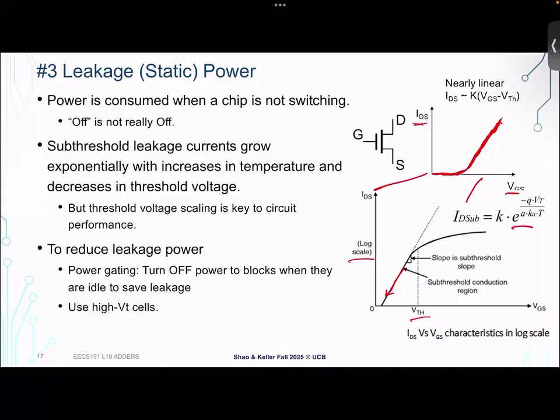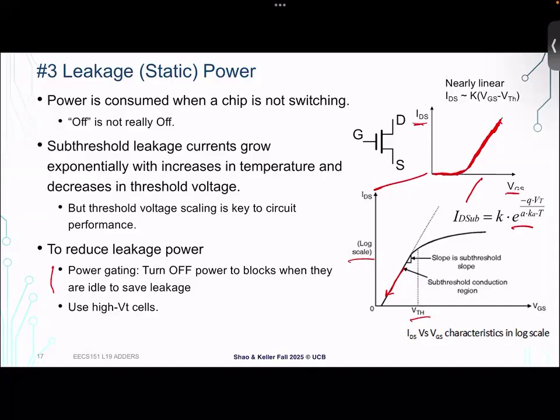It's always there. One thing we can do is called power gating. So power gating says if a whole block is not in use, shut off the entire supply to that block, right? If all three terminals of the transistor are the same voltage, then there's no leakage, because there's no voltage differential anywhere.